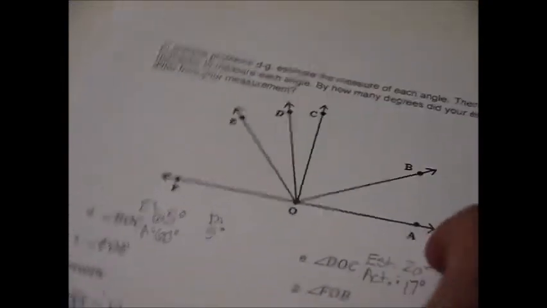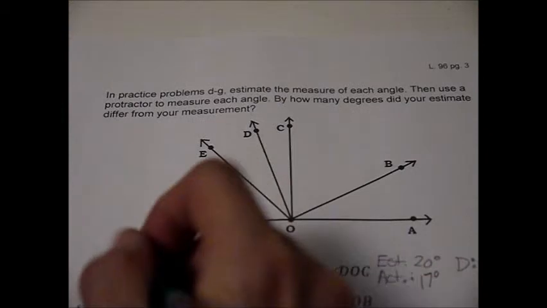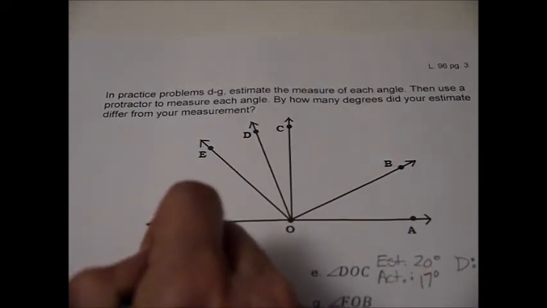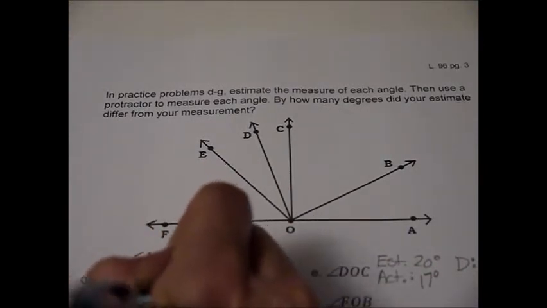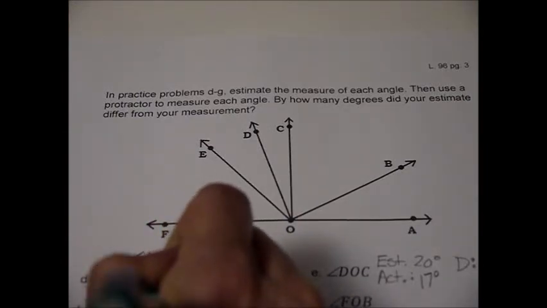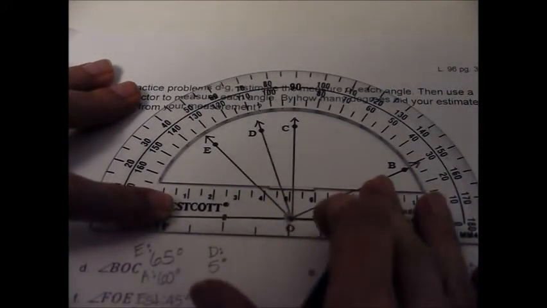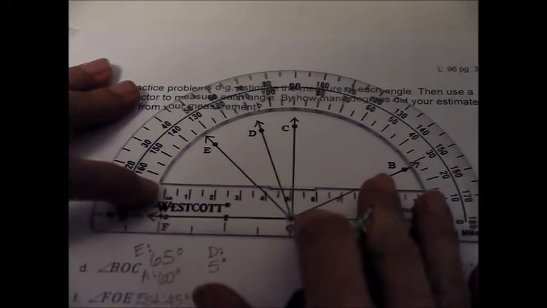Okay, so FOE, F-O-E, we're going to look there, and to me, that totally looks like 45 degrees. Okay, so that's my estimate, 45 degrees. My actual is, let's see, oh, more than 45.